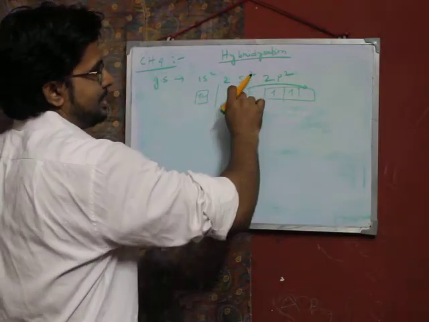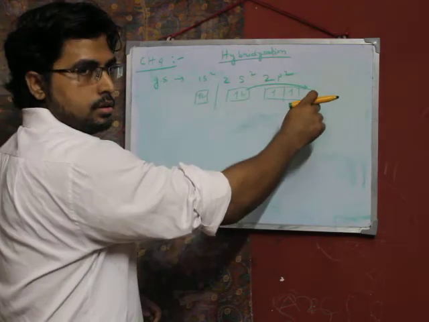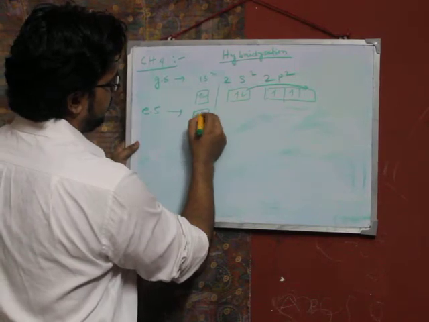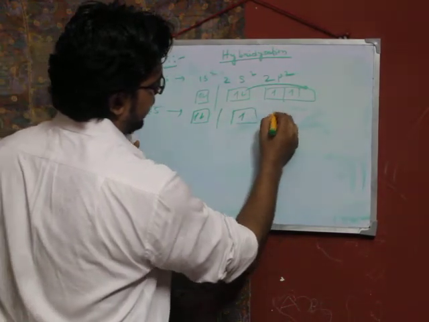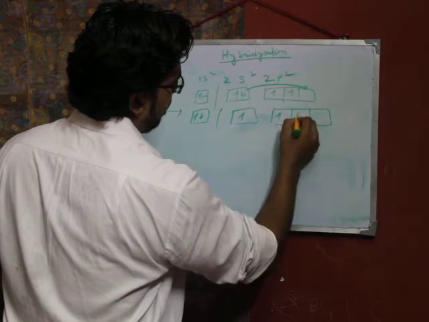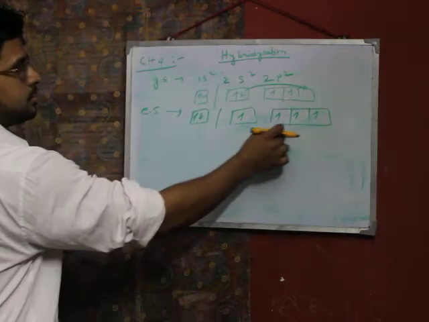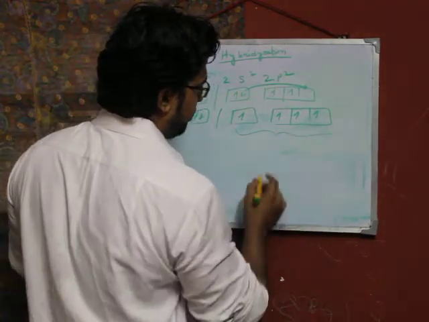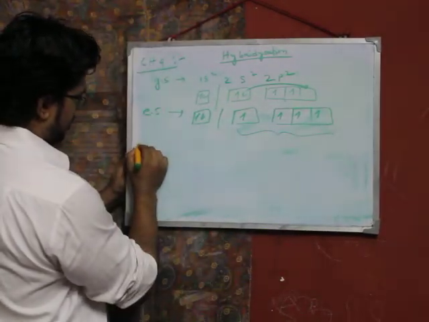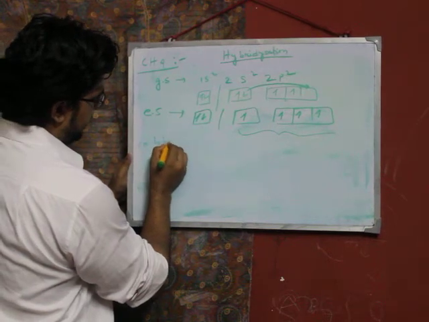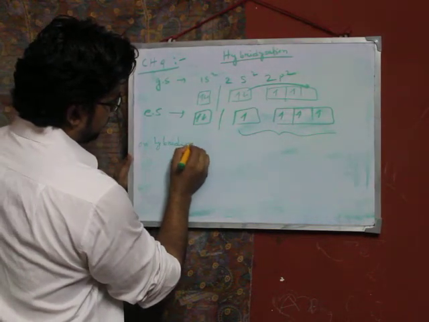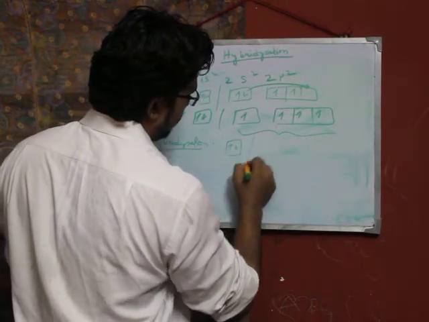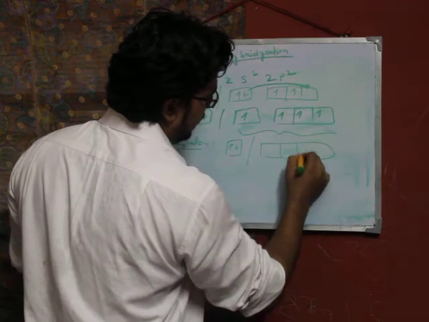One electron jumps from the s orbital to the p orbital, and in the excited state the configuration becomes like that. Now these four unpaired electrons, on hybridization, combine to form four sp3 hybrid orbitals.